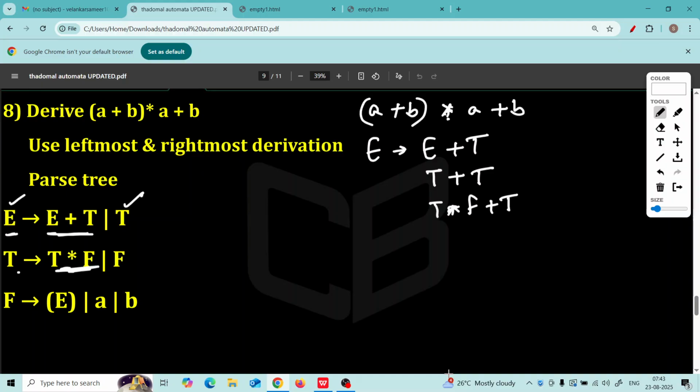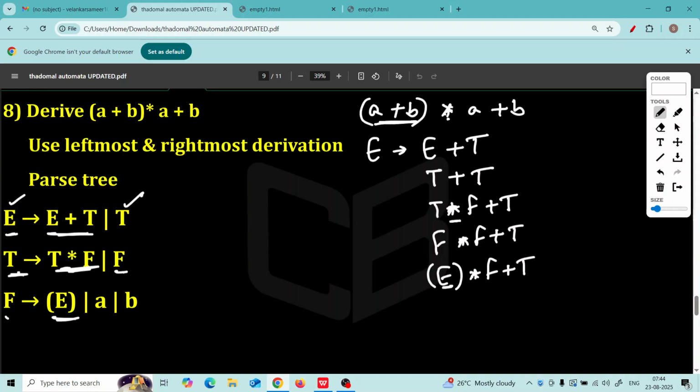Now to the left of this multiply, we want this bracket A plus B. How will you get that? T gives F, so T gives F into F plus T, and F gives bracketed E, so bracketed E into F plus T. So we got the bracket, and we are back to E again.